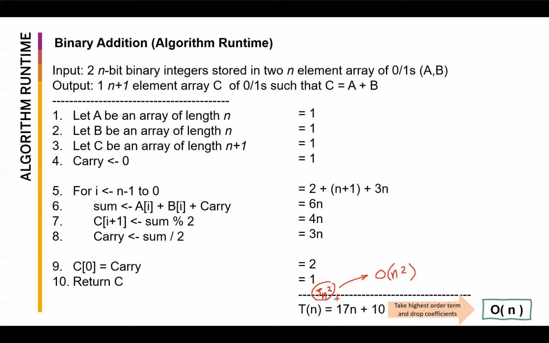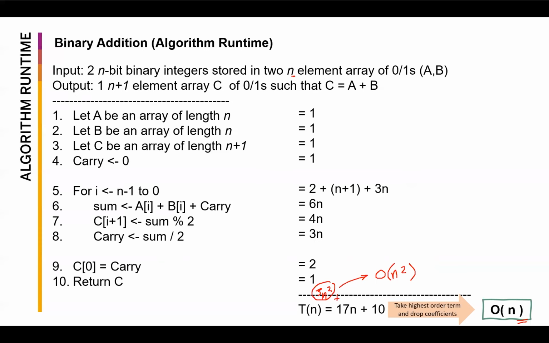Okay? So this is more of the categorization pa lang, ha? So, okay. So what this indicates is that this process of adding binary depends on the length of the input arrays, which is n.